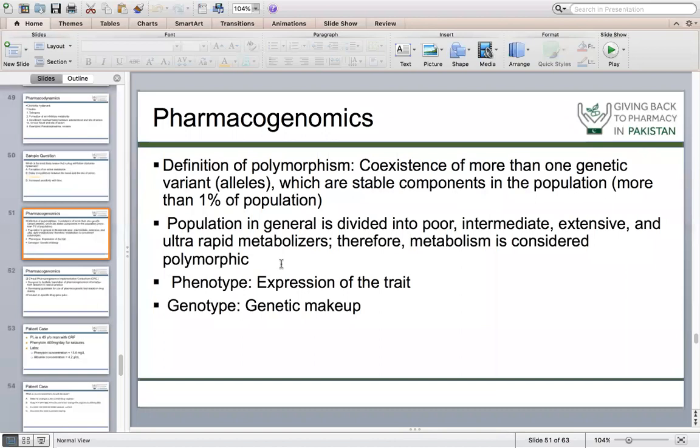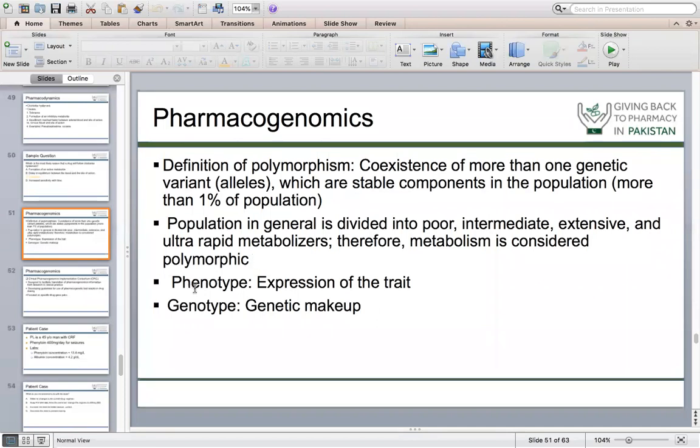If a person is an ultra-rapid metabolizer and we administer a drug to this patient, the drug will be completely metabolized and no plasma concentration will reach the target organ or site of action. So it will result in failure of therapy, right? This does exist in certain classes of drugs like antipsychotics, statins, and I think anticoagulants also.